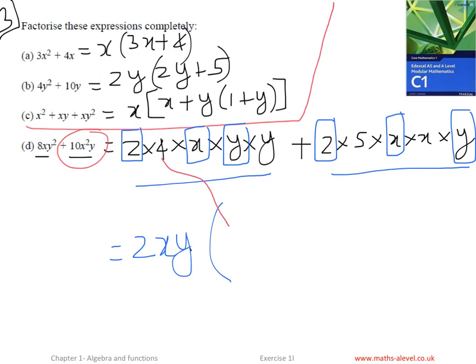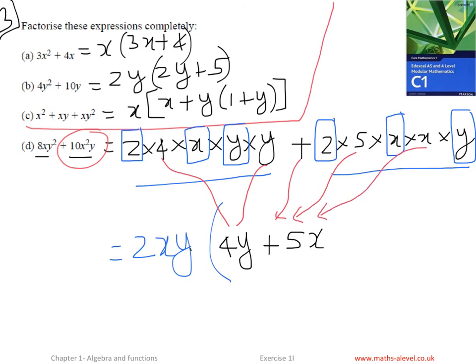This 4 and this y, so 4y, and the plus is going to be here, and this 5 is going to be here, this x, and yes, that's it. So the answer is 2xy, 4y plus 5x.